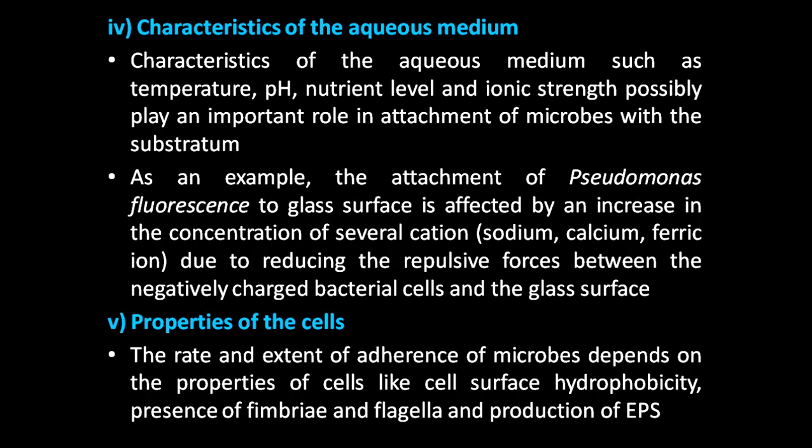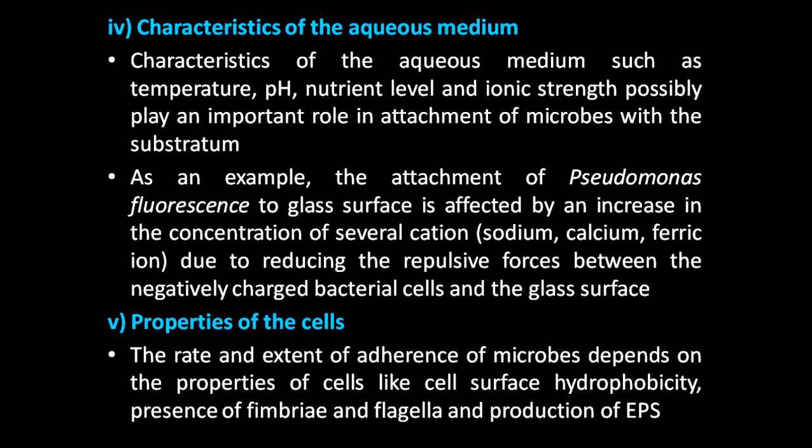That means that if sodium, calcium, ferric ions are present in enormous quantity in the water, that increases the attachment of Pseudomonas fluorescens to the glass surfaces very easily because of the forces and charges.